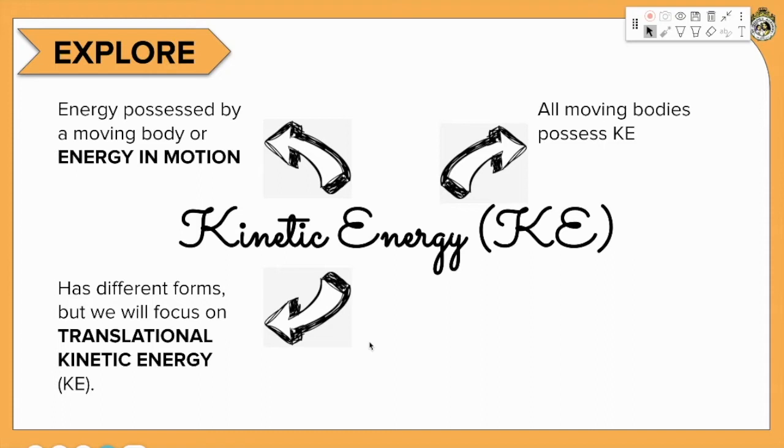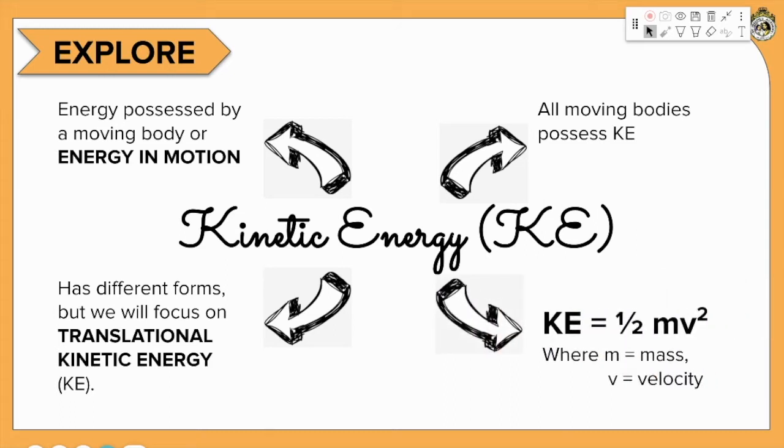Just like potential energy, kinetic energy has different forms. But again, we will focus on just one, and that is translational kinetic energy, or simply KE, the kinetic energy that is usually mentioned.